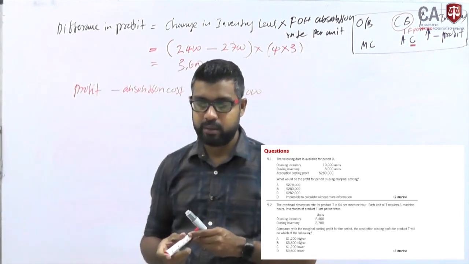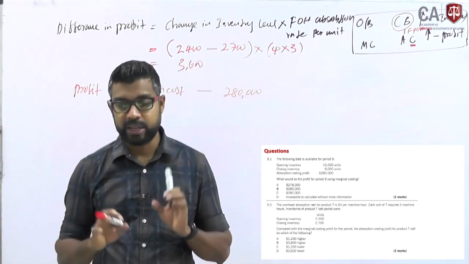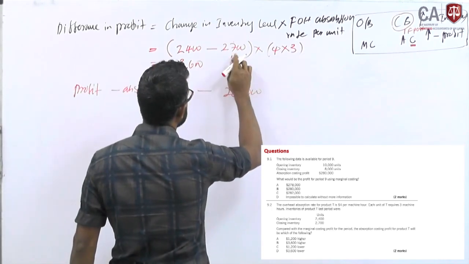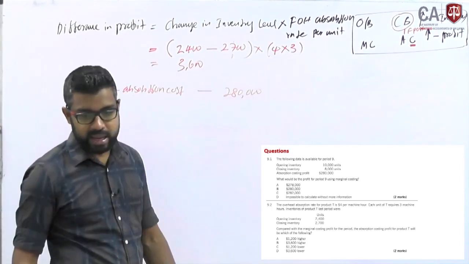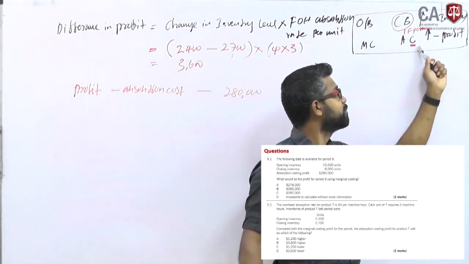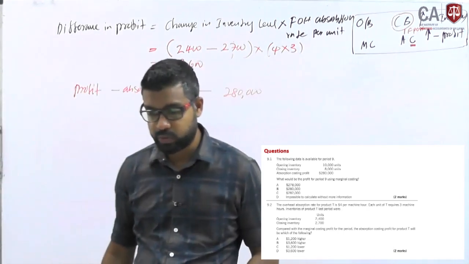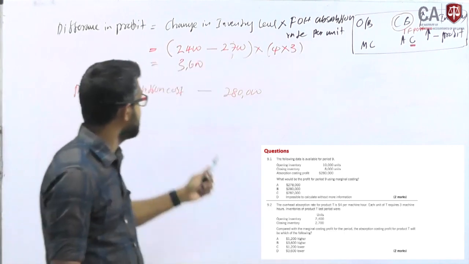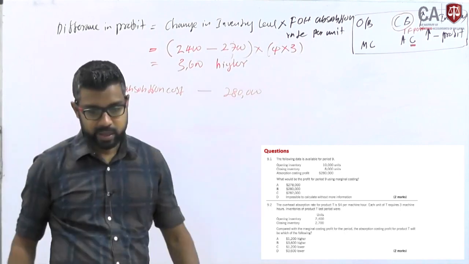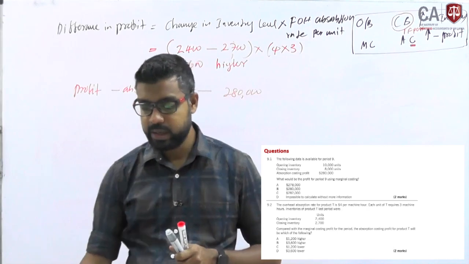Since they have not given the profit under marginal costing or absorption costing, we can't figure out anything, but we can say since inventory level has increased, absorption costing profit should have increased. That's the question they are asking. Absorption costing profit should be 3,600 higher, right? The correct answer is what? B, 3,600 higher.